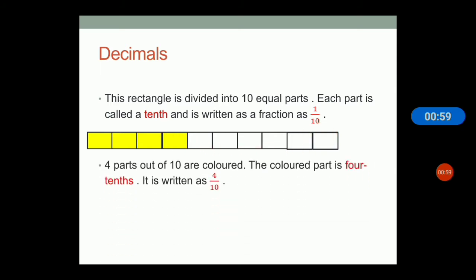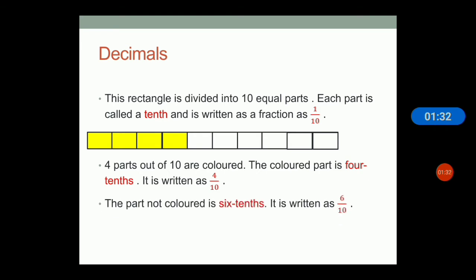And we can convert this fraction 1 by 10 into a decimal, which has a point. I will show you how to write it. In this figure, how many parts are colored? It is 4 out of 10. The naming, if you write it in words, is 4 tenths, which can be written as 4 by 10.